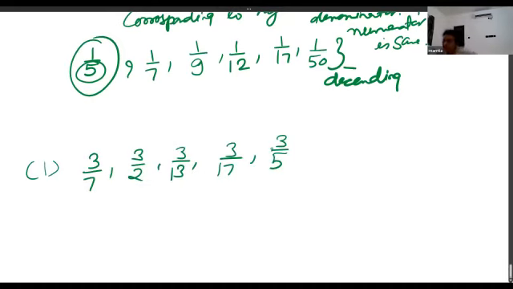Arrange them in descending and ascending order. It is very simple. The numerators are the same, so the fraction corresponding to the lower denominator will be the greatest.